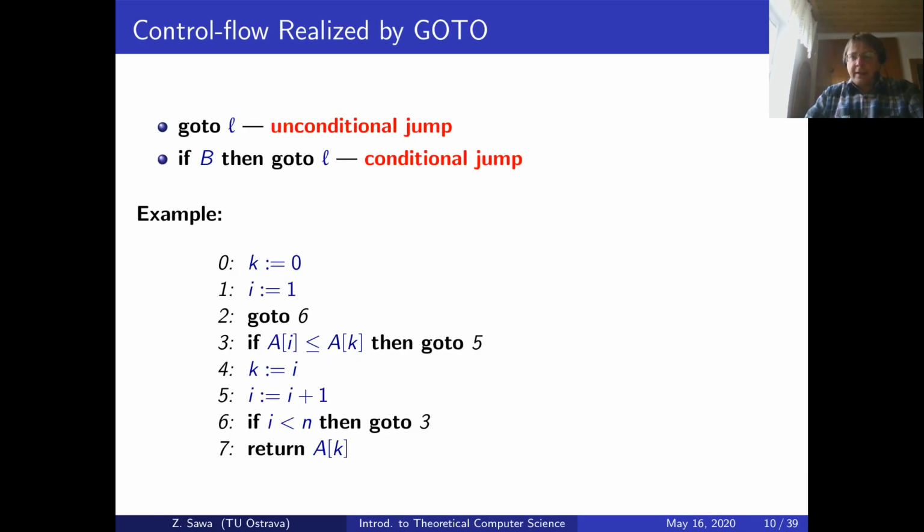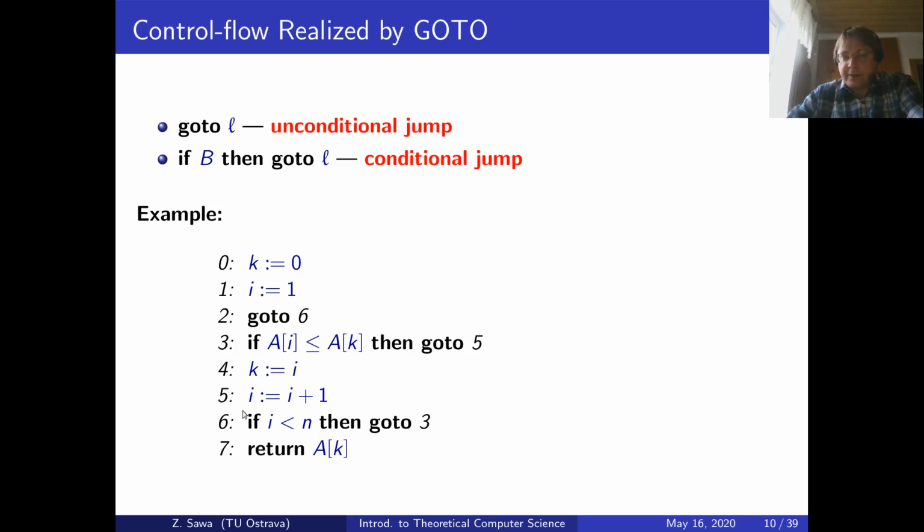In fact, as I said, this representation by control flow graph is very close to the kinds of instructions on the level of machine code or assembler or some kind of bytecode and so on, where typically all control flow is realized by two kinds of operations, unconditional jumps and conditional jumps, where the idea is that we have instructions on some addresses.